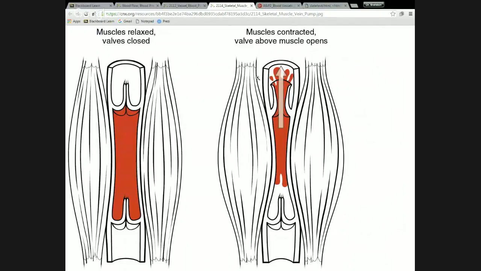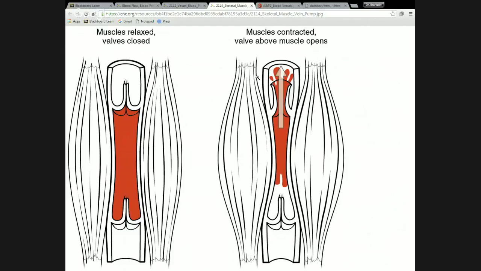In your legs, which is essentially where this is most important, to help blood move up against the force of gravity, skeletal muscles, as they go from relaxed to contracted when you're walking around, like I am here at the front of the room, as they contract, they'll squeeze the veins going through that region of the leg. As a vein is squeezed, it pushes the blood up, which will push it through a valve into a higher part of the vein above. The blood can't be pushed back down because there's a valve right there.